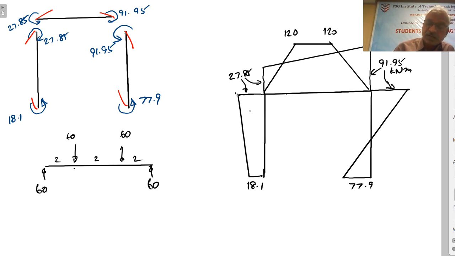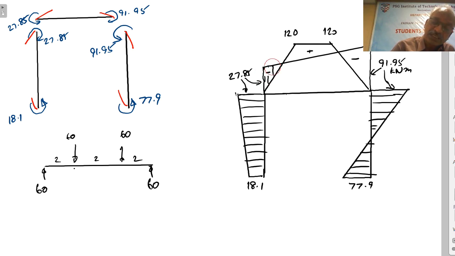For the vertical member, you need not mark tension, compression, or plus and minus. We can just simply hatch perpendicular to the member. For the beam, this is minus, this is plus, this is minus, and we can do the hatching as done earlier.